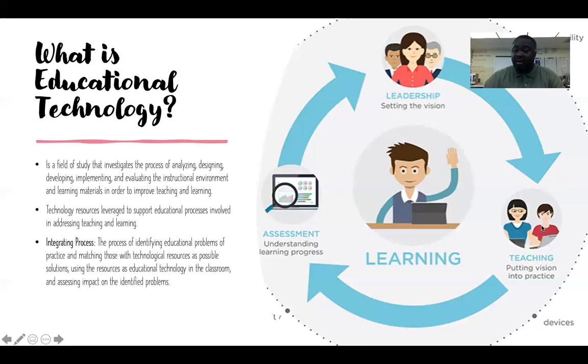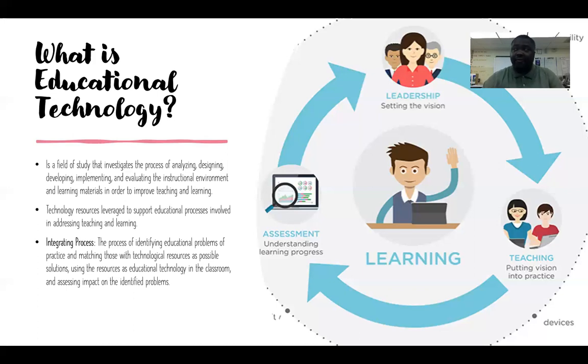Then it trickles down to the teachers. That's where we come in. The administration wants a plan to be put in place. We as teachers have to implement that plan, using the necessary information such as data.